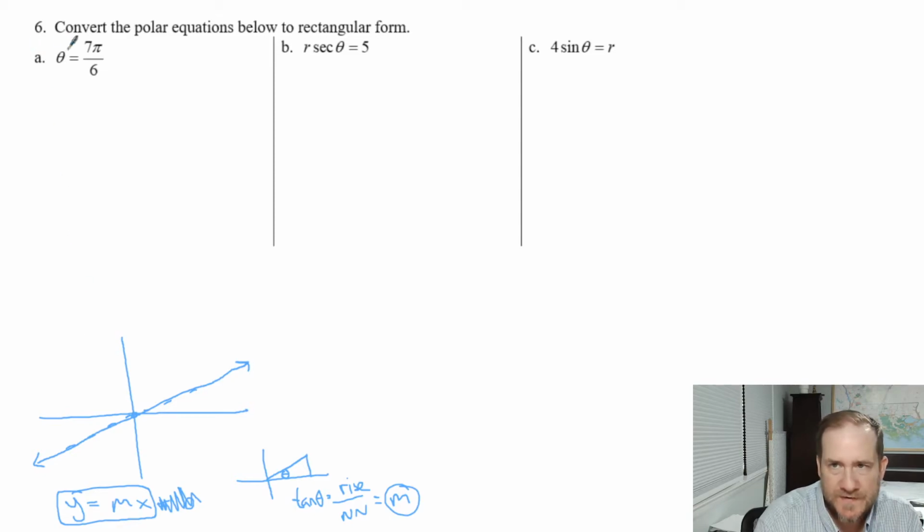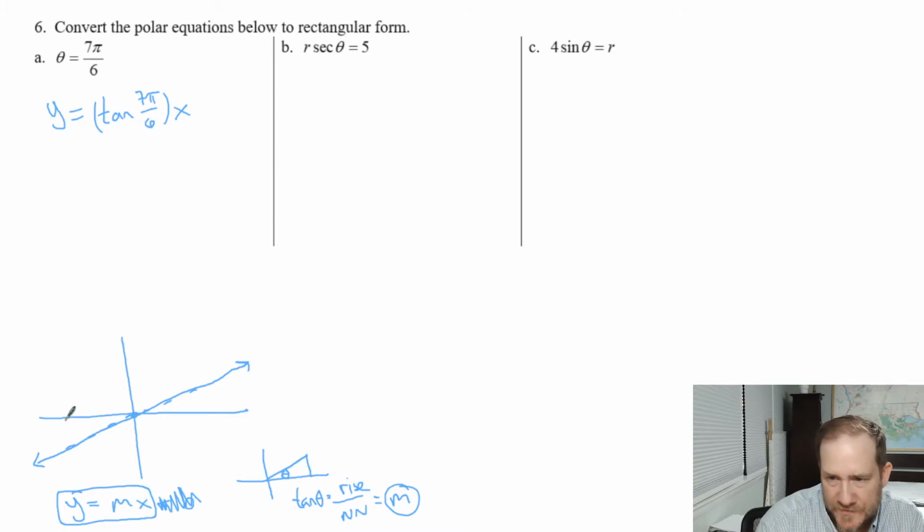So for us, that given angle is that angle. And so for us, that slope is that tangent. So you can just rest assured that any polar equation of this form will just turn into y equals, instead of mx, it'll be tangent of 7 pi over 6 times x. I would not want you to leave it like this, because tangent of 7 pi over 6 is an expression you're supposed to know the value of.